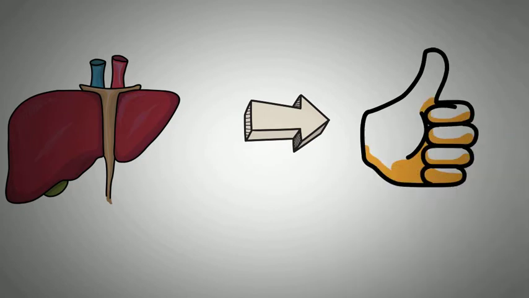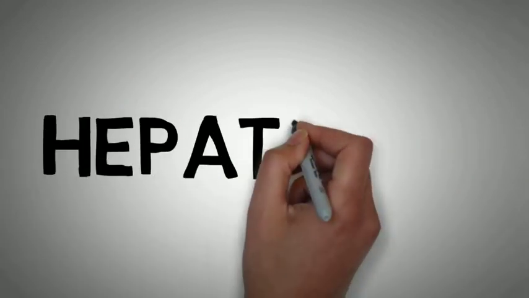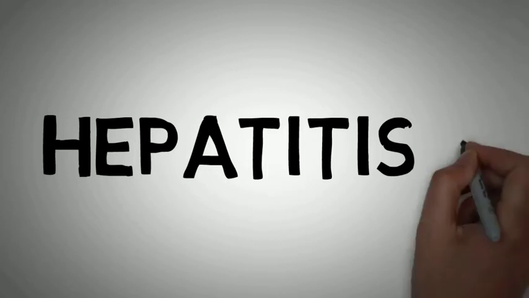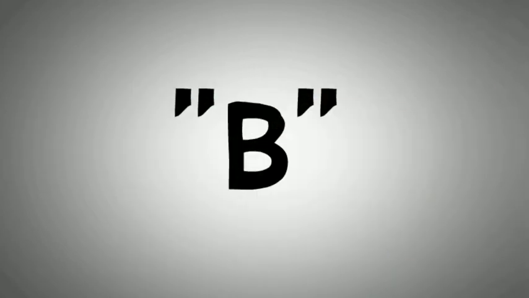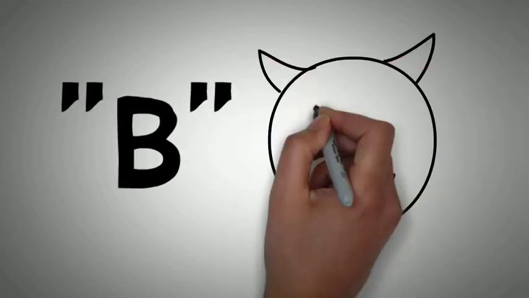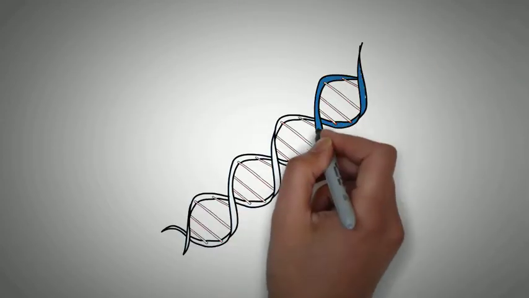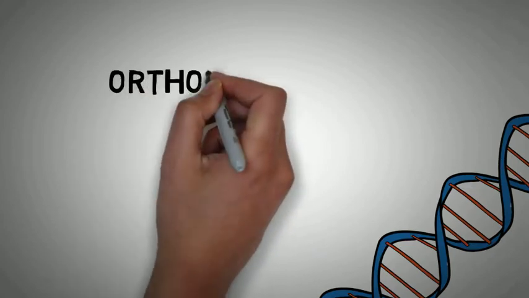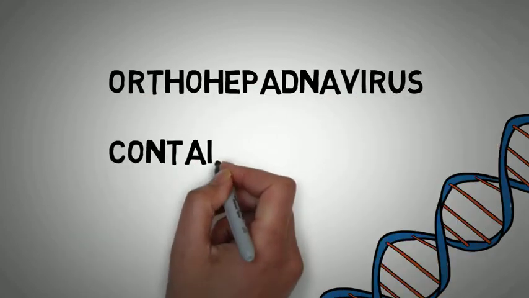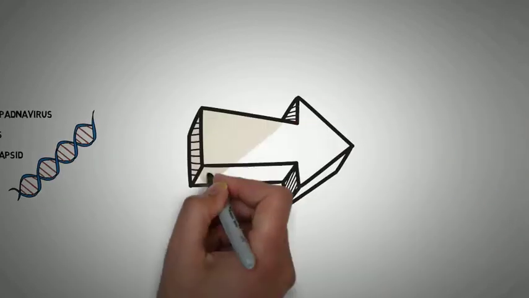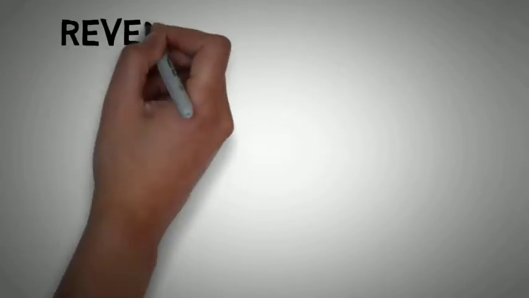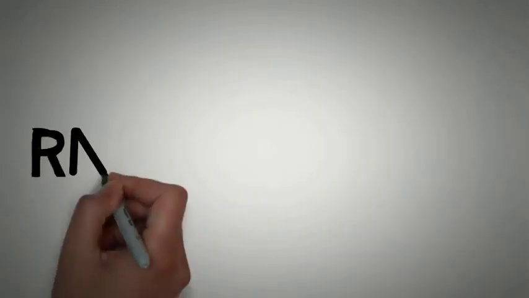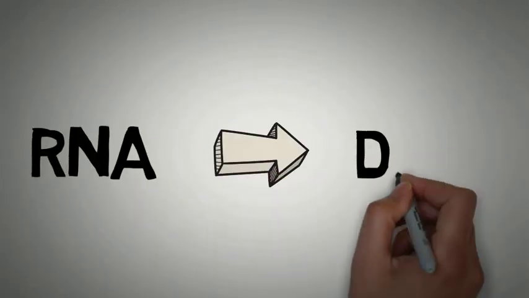Next up on the alphabet is the hepatitis B virus. Being the much more sinister cousin to hepatitis A, hepatitis B is one serious infection, being that it's a double-stranded DNA virus of the genus Orthohepadnavirus, which contains a nucleocapsid. This encloses the viral DNA and a DNA polymerase that has a reverse transcriptase activity similar to retroviruses.